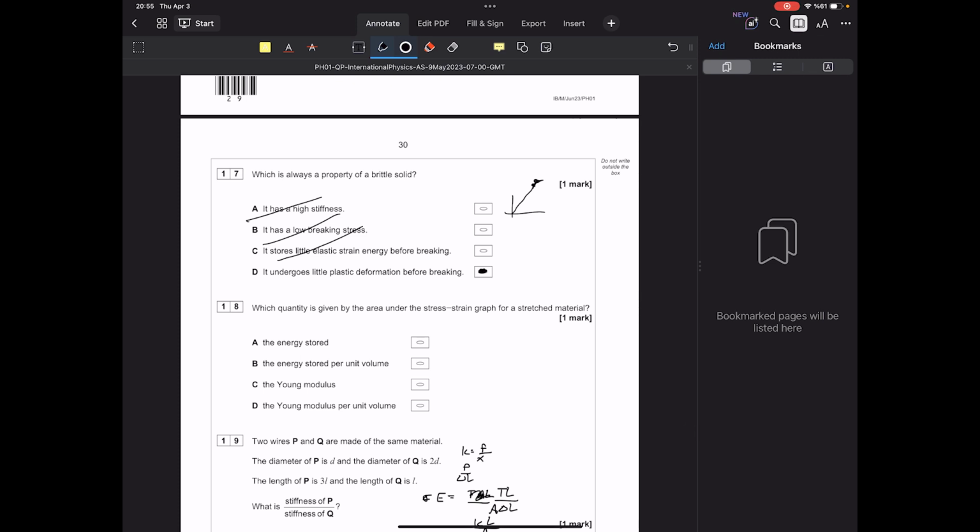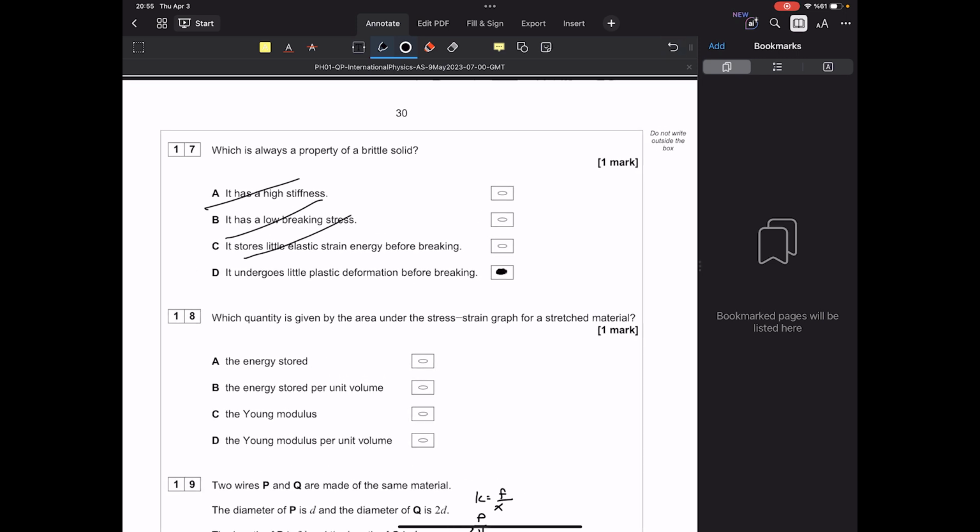Now, if you're asking what plastic deformation means, you also need to know that. You have to remember, elastic means that the object can go back to its initial shape and size after the tensile forces are removed, or the compressive force, I guess.